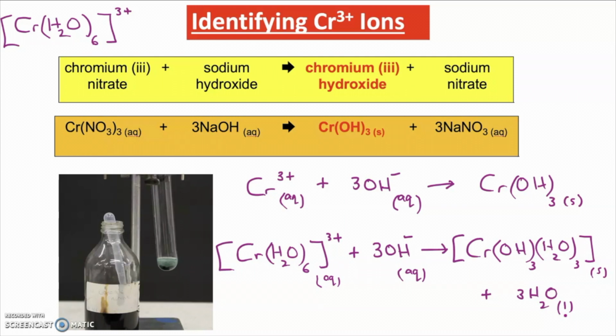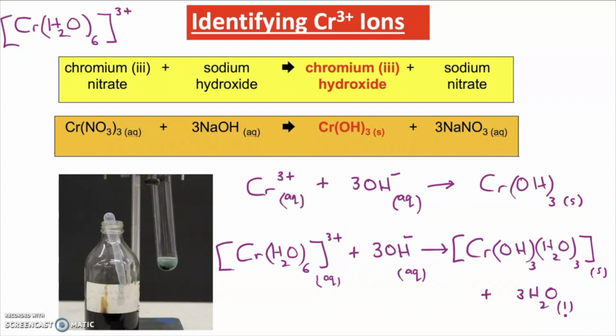Now if we look at both ionic equations, we can see that the charges cancel out. So on the left hand side of both equations we have a 3+ ion and 3 OH- ions. This means that the 3+ charge is cancelled out by the 3 minuses, and therefore the left hand side of both equations is neutral.